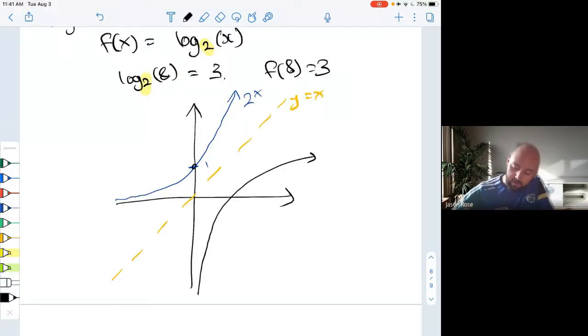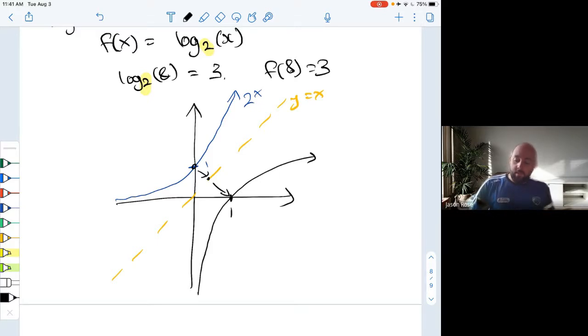This gets reflected through, and that should be going through 1 as well. Yes, the inverse will always be log with whatever the original base was. If it was 2 to the x, it's log to the base 2. 7 to the x, log to the base 7. The base is going to be the same for it to be the inverse.